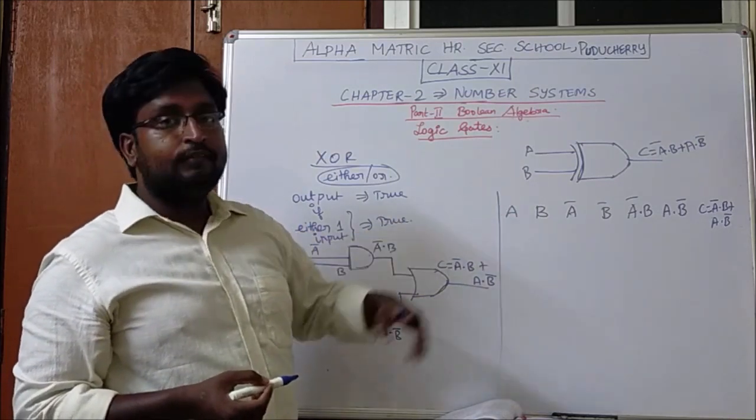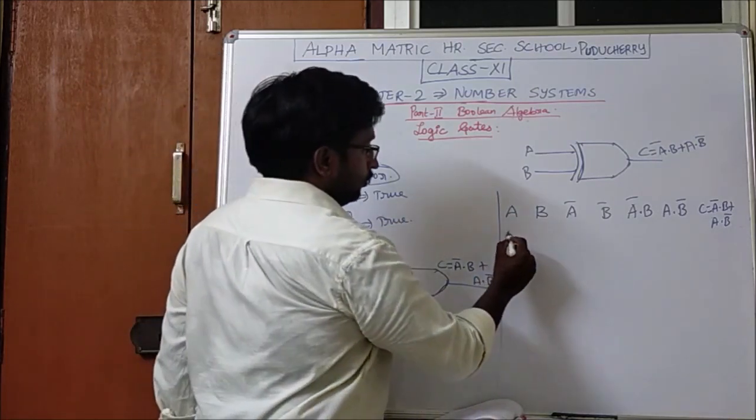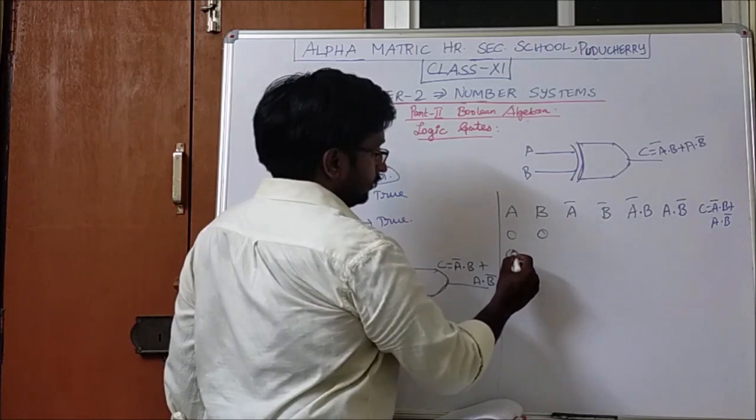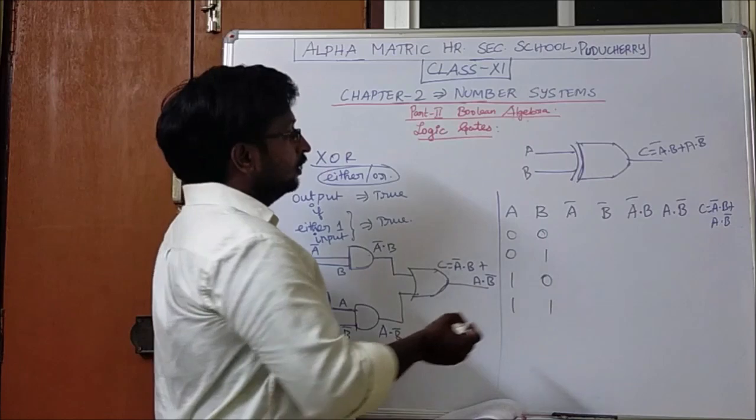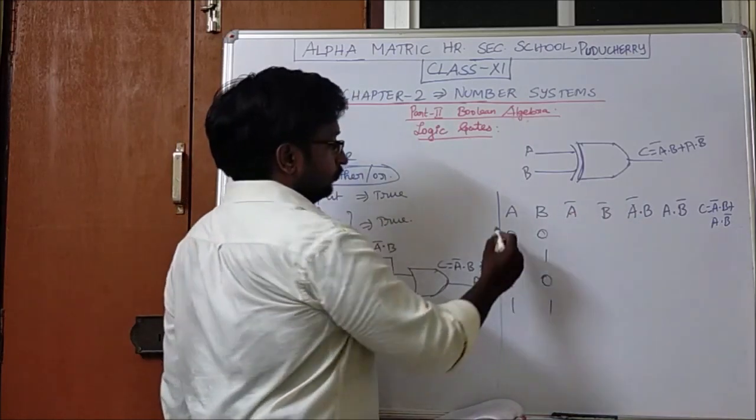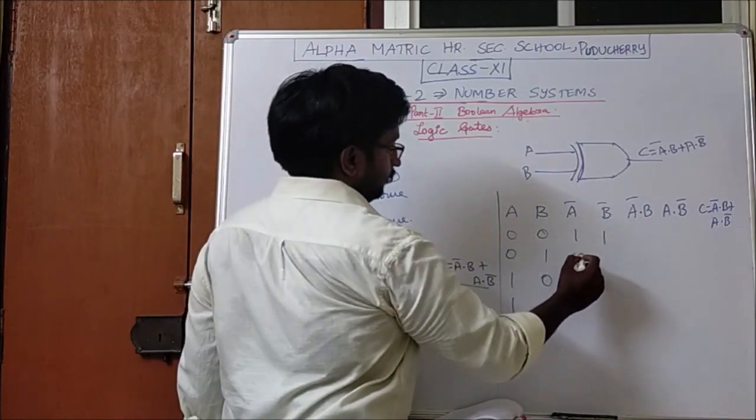Now let us derive the truth table. These are the four possible inputs. Let us find the inverse for both.